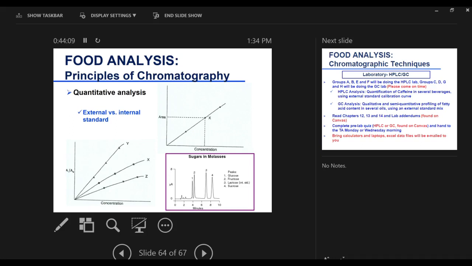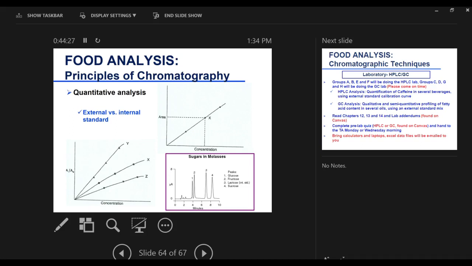Okay? So with external, you're preparing standards outside of your sample. If you have caffeine, you get a caffeine standard and prepare it outside of the sample, at different concentrations.